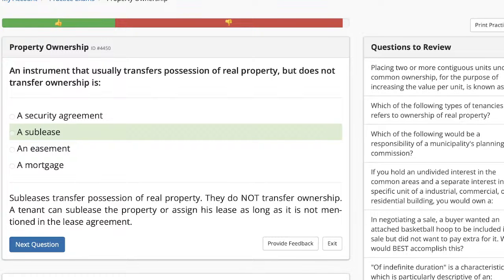A sublease is also known as a sandwich lease. So what is a sublease? Let's talk about this for a second. There are a lot of good concepts that could come out of this.